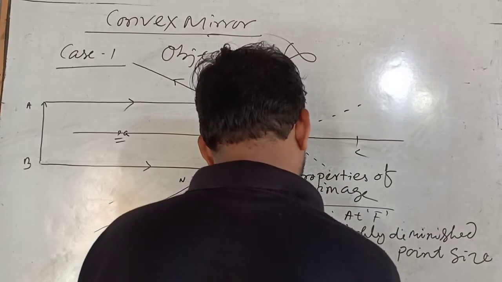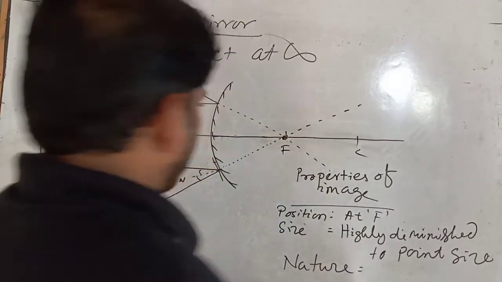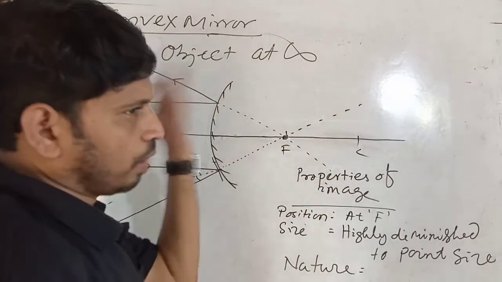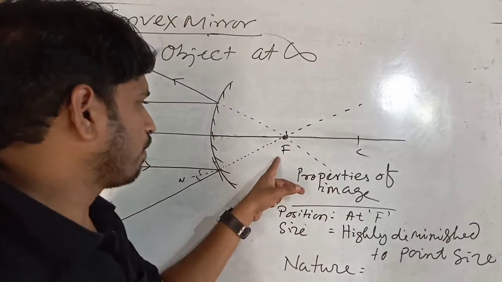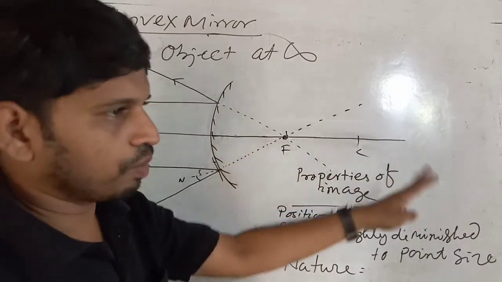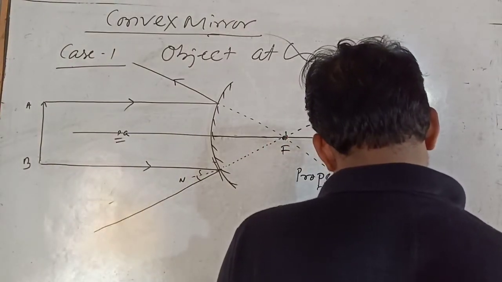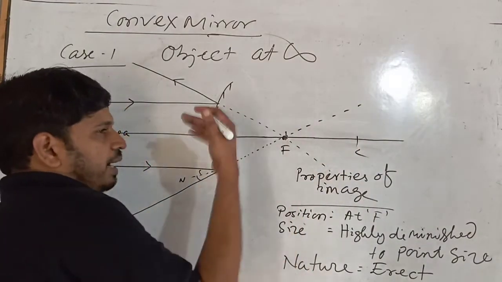Nature: as in the case of concave, from the focus onwards the image is inverted. In the case of convex, from the focus onwards it is erect. And the image is behind the mirror.